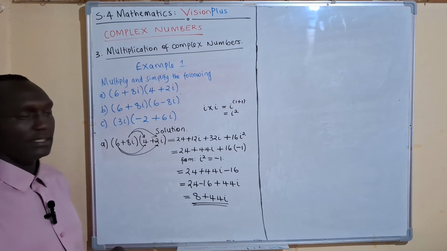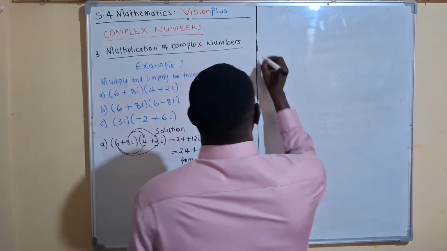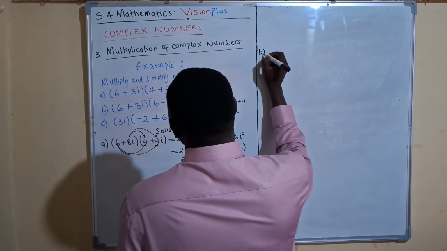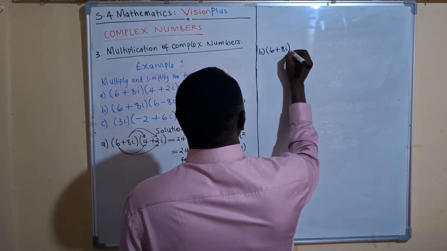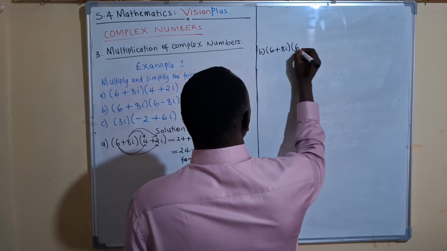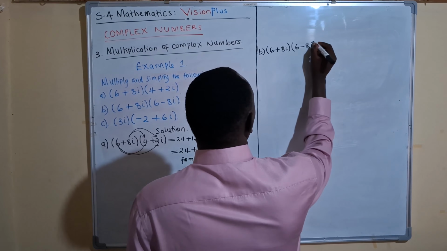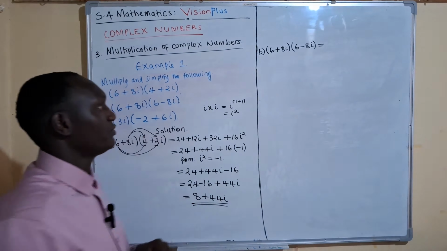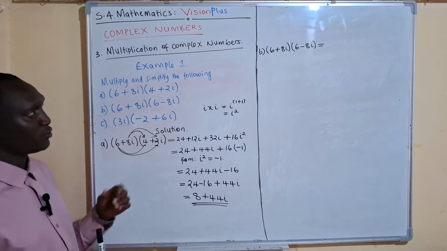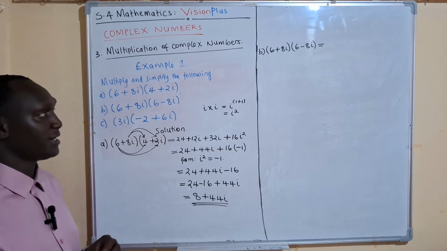Going to part B, which is 6 plus 8i times 6 minus 8i. This equals, again we are going to multiply the same way. There are two brackets and each one has more than one term.